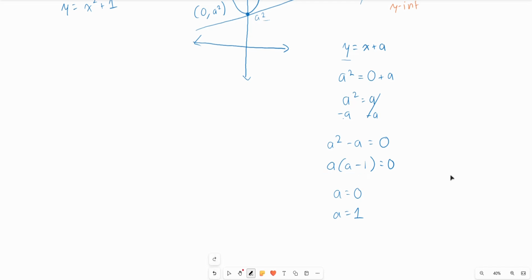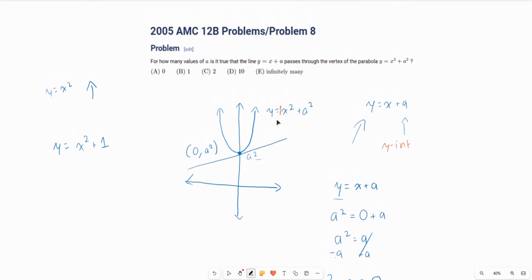If a equals 0, then the a term is 0, and 0 times negative 1 is 0. And if a equals 1, then this term is 0, and then it multiplies to 0. So these are our two values for a, and that means the answer should be C, two values.